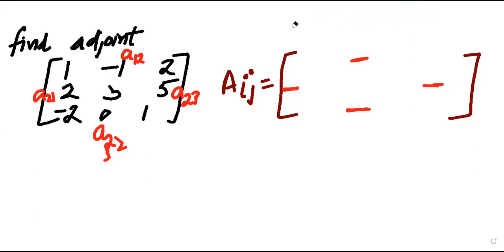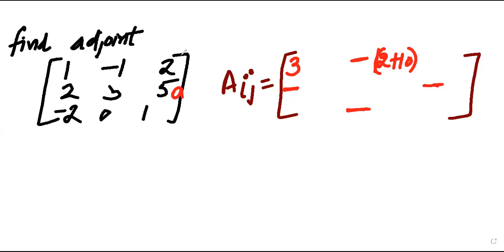Okay. Now after this, find the Cij. First for 1, it is 3 ones are 3. Then for -1, if we remove this row and column, that is 2, and minus plus 5 is 10.